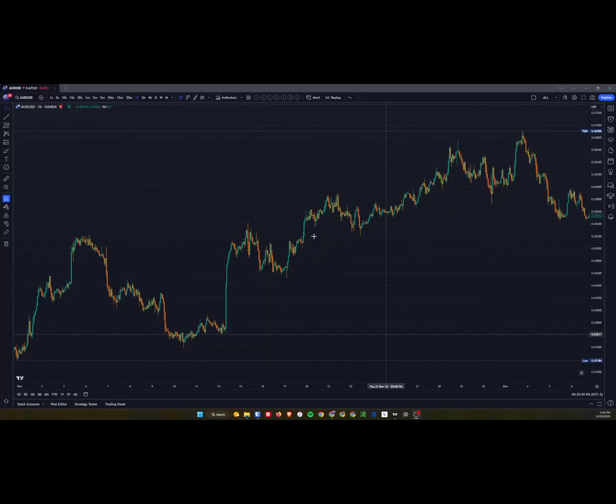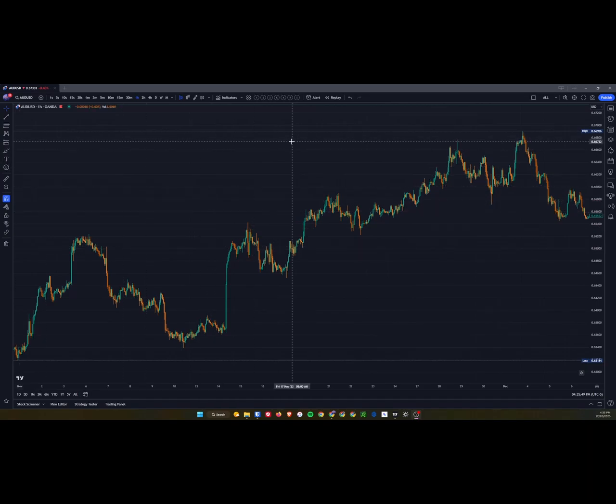Okay, so this is a tutorial on Fibonacci and how to use Fibonacci in depth for people who are new to Forex or intermediate people who've been trading for a while who just need to brush up on it. So, what is Fibonacci?